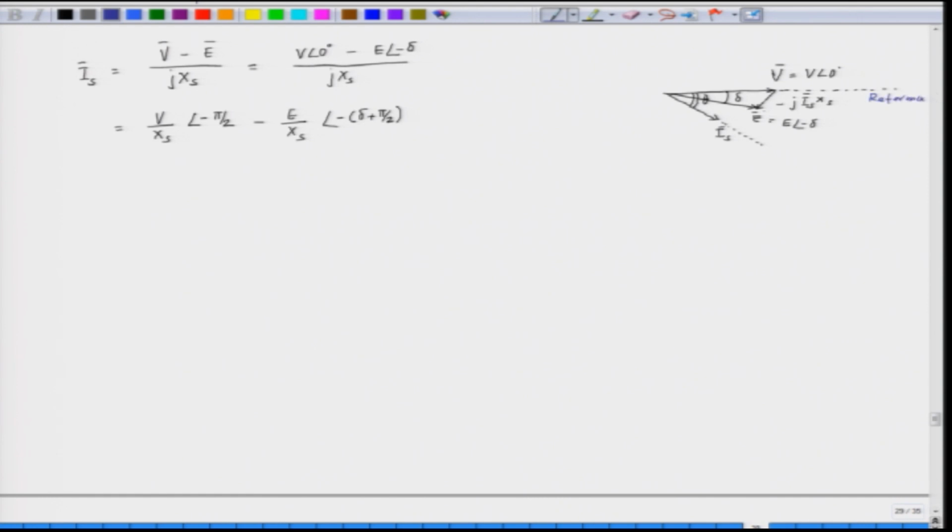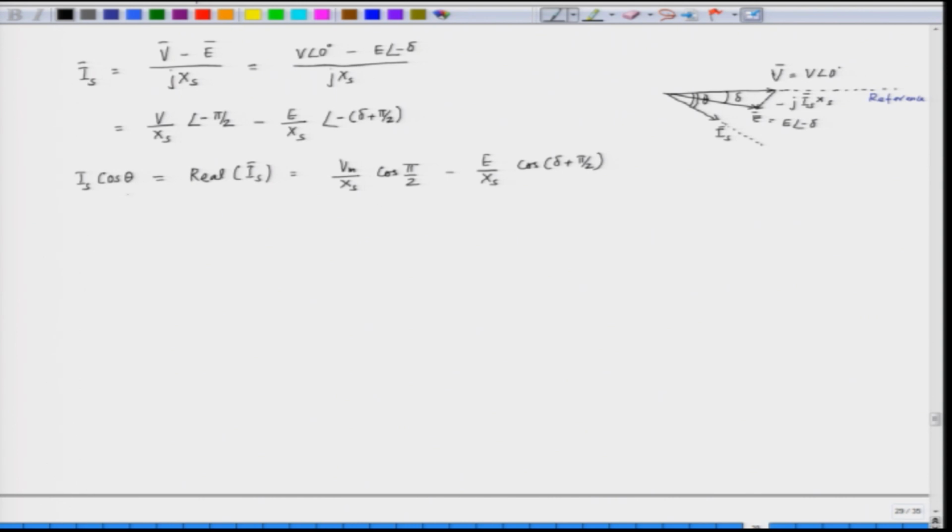So, if we want to find out the real part of this, the real part of the I s phasor is I s into cos theta, and that is equal to V m by x s into cos of pi by 2 minus E by x s into cos of delta plus pi by 2.